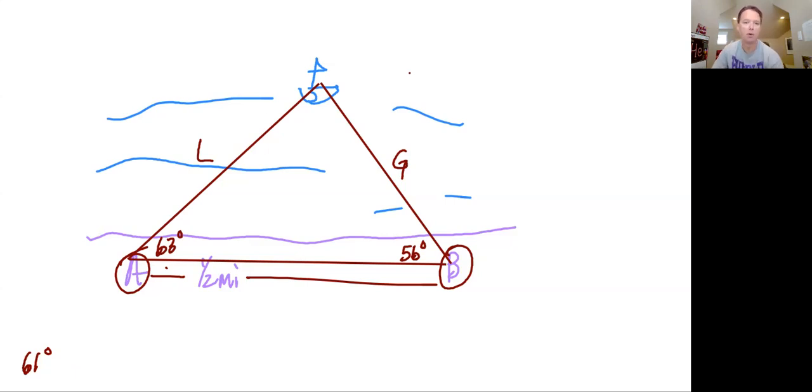We're all able to get 61 degrees here. Okay, obviously, that's what we have to do.